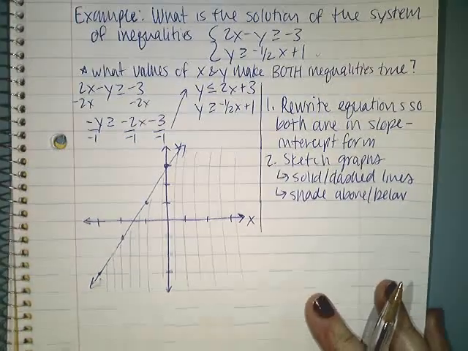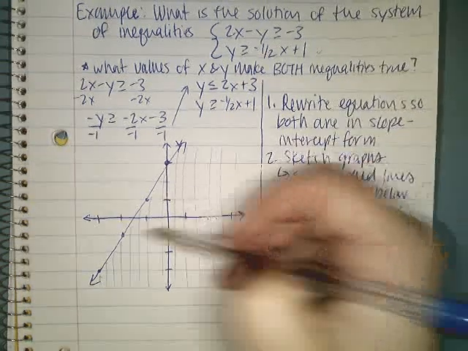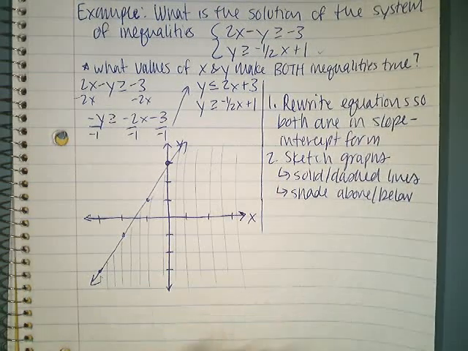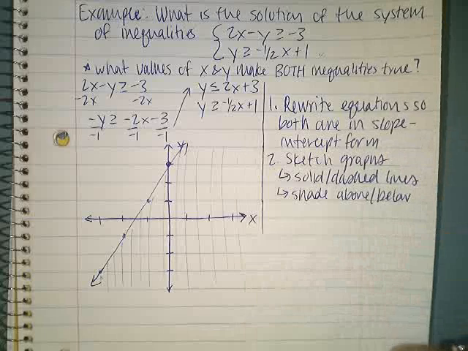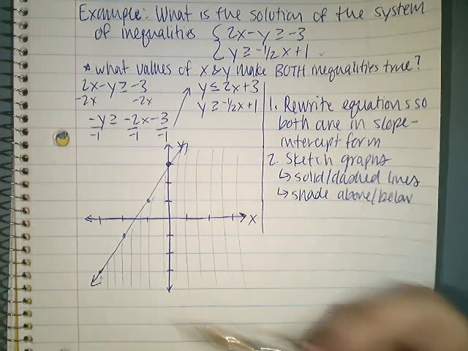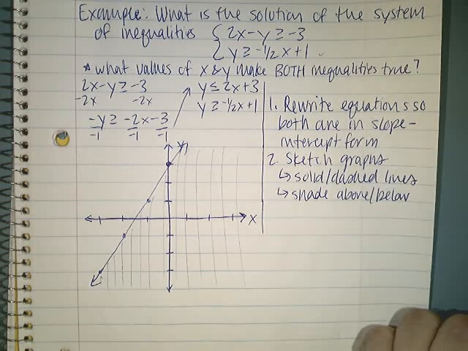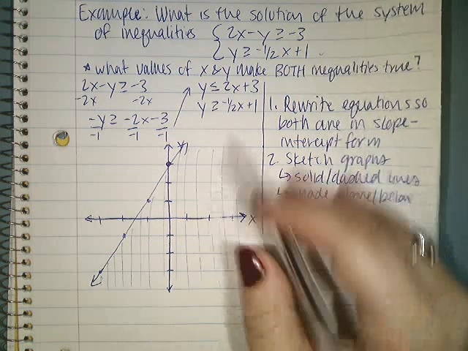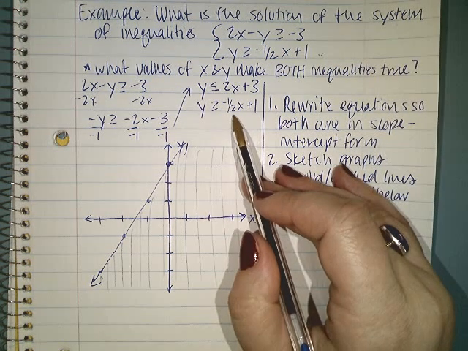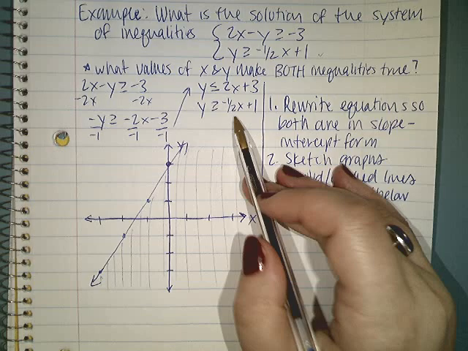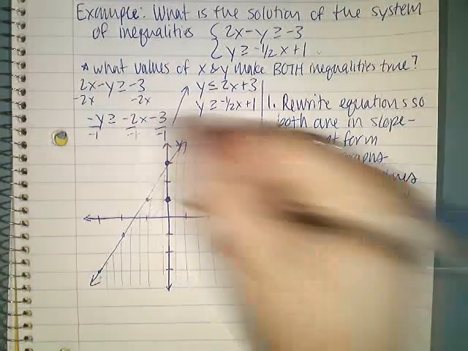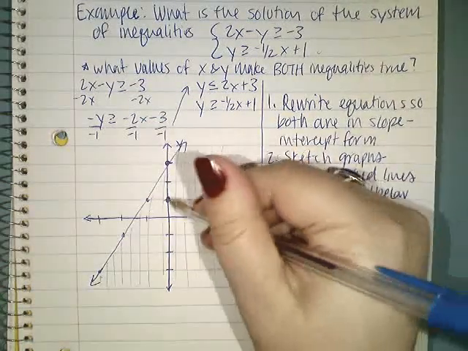Sorry, I'm not showing you the whole graph. I could keep shading under it, but I'm shading lightly. You'll see why in a second, but make sure when you shade this initially, you shade it very lightly because it's not all going to be part of our solution set. Only a section of it will be. So then the next part I have y is greater than or equal to negative 1/2 x plus 1. So I'm going to go to plus 1. And I have a slope of negative 1/2, so I know it goes down from left to right.